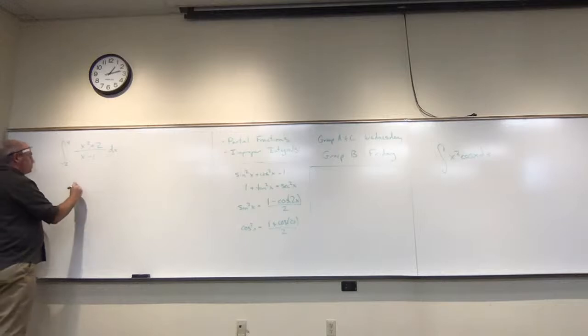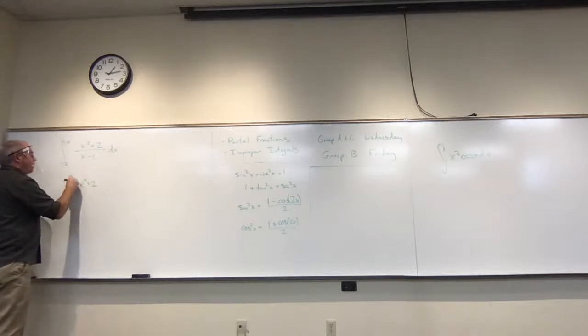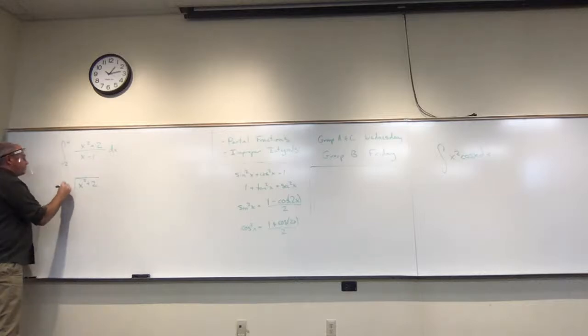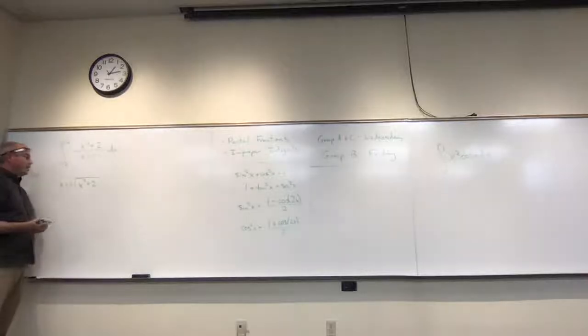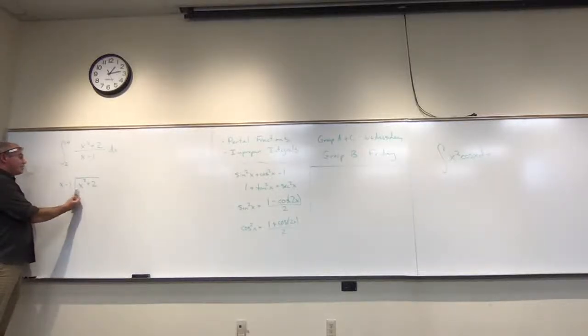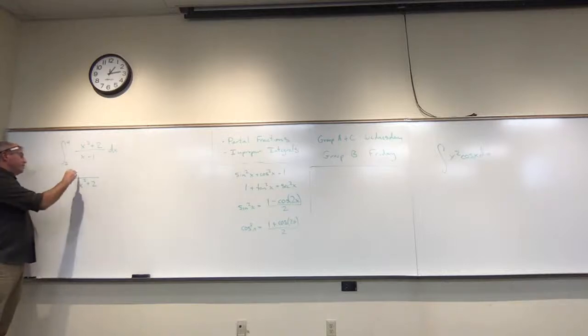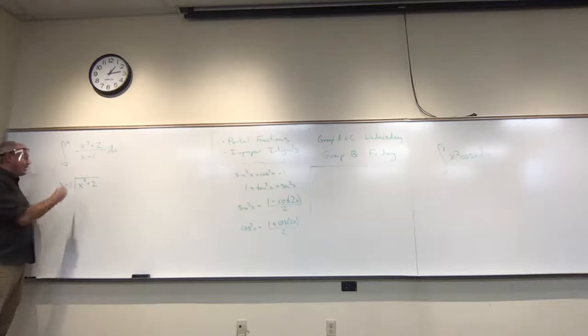So what we want to do is divide x squared plus 2 by x minus 1. We just use long division, and we say how many times does x go into x squared? Or what times x gives me x squared? And the answer is x.